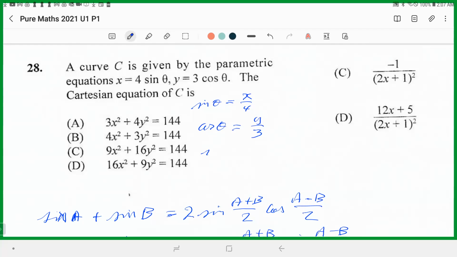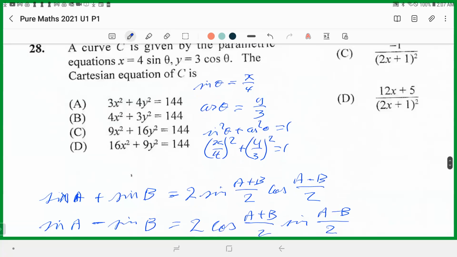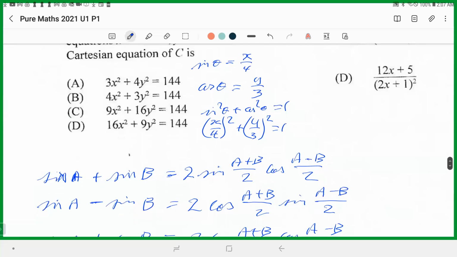So sine squared theta plus cos squared theta equals 1, and it becomes (x over 4) squared plus (y over 3) squared equals 1.